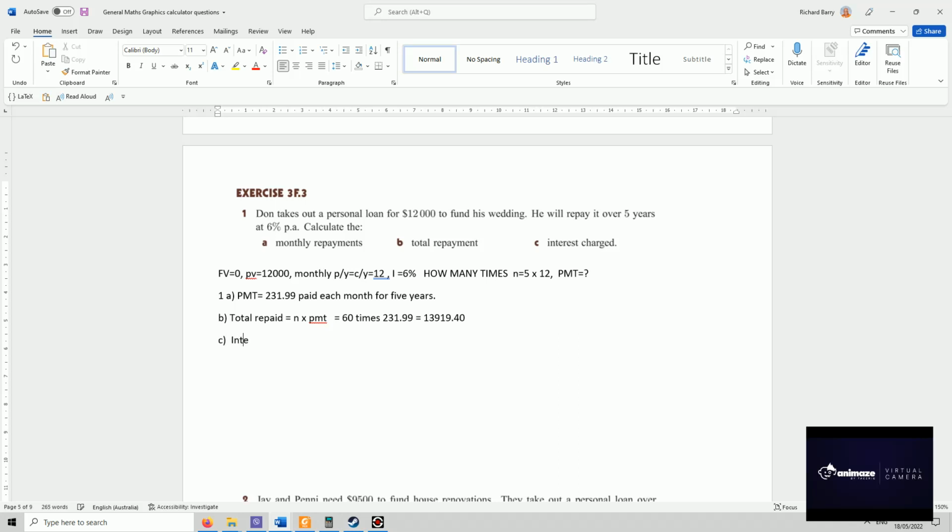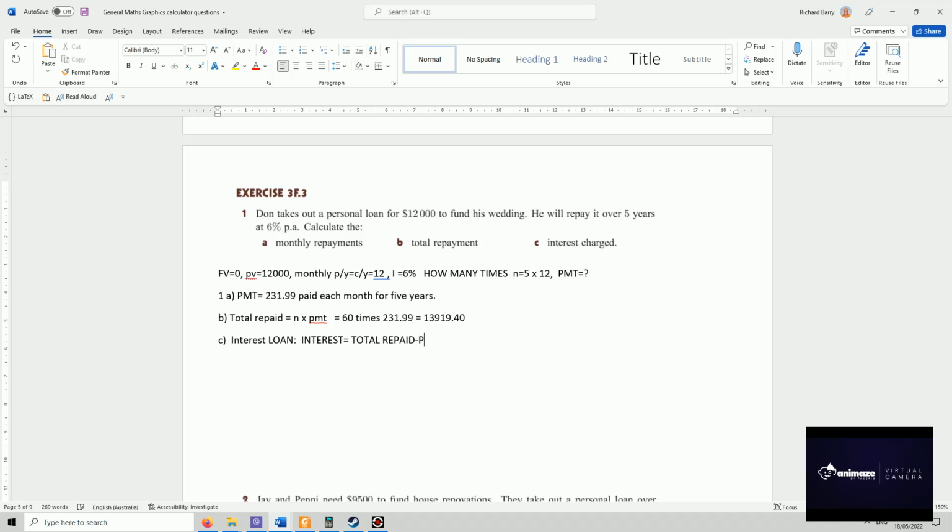Now, interest. For a loan, I'm going to write this in capitals because it's always the same for loans. Interest equals total paid minus the amount borrowed, which is what?